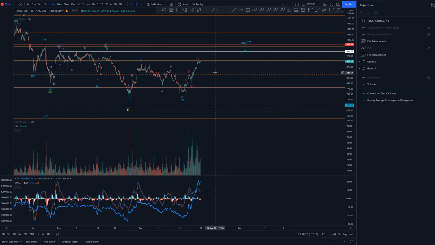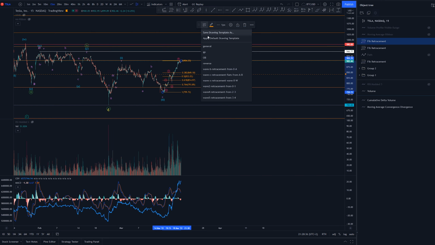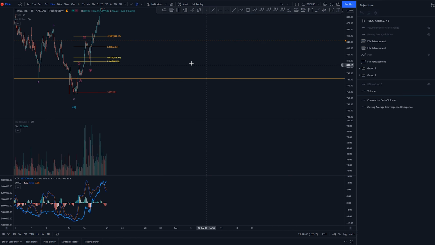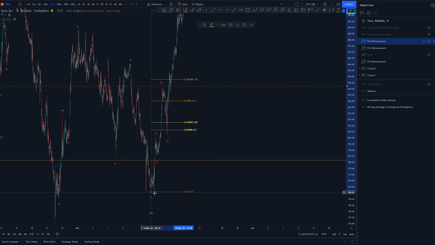Now what if you're not in this yet, what I would do, and of course this is not financial advice, is look for the pullback. Let's see, where's the wave 2 here? Let's get this centered better.